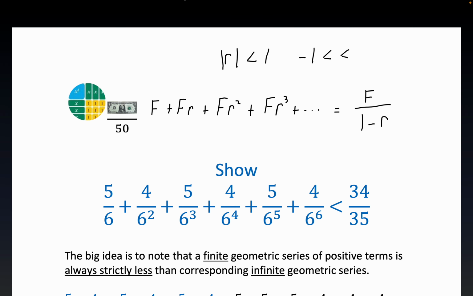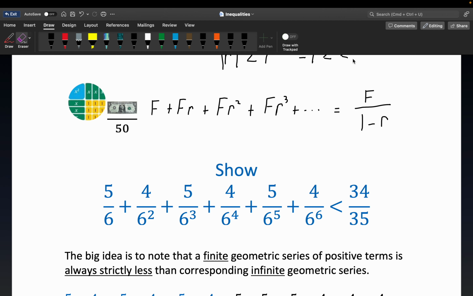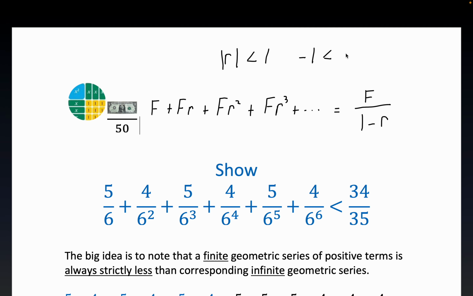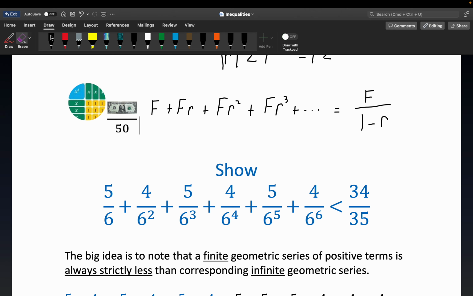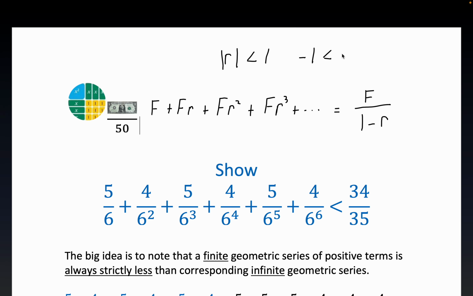Minus 1 less than r less than 1. So these two statements are equivalent. And it's very easy to believe something like this because the r's just get smaller and smaller as long as they are trapped between minus 1 and 1.